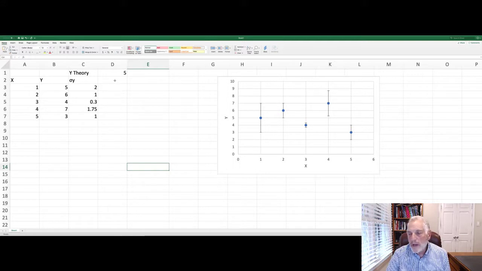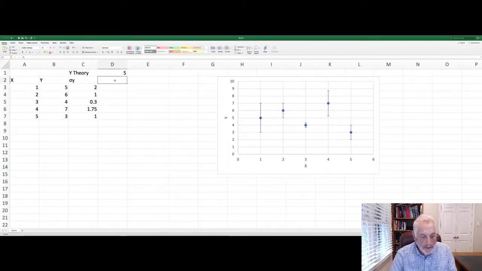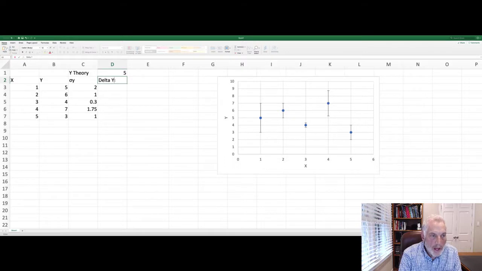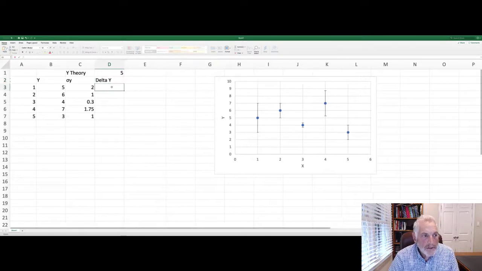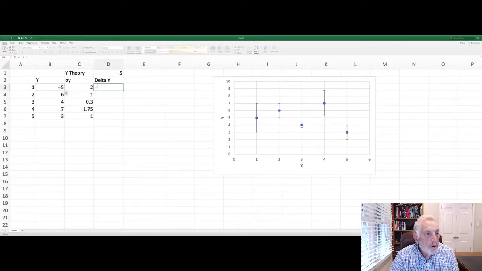So let's compute chi-squared. Let's remember that chi-squared was delta y squared over sigma squared. So let's compute delta y. What's delta y? Delta y is equal to y minus the theory, which is in D1, but we want to keep the theory fixed because we only have one value of the theory.